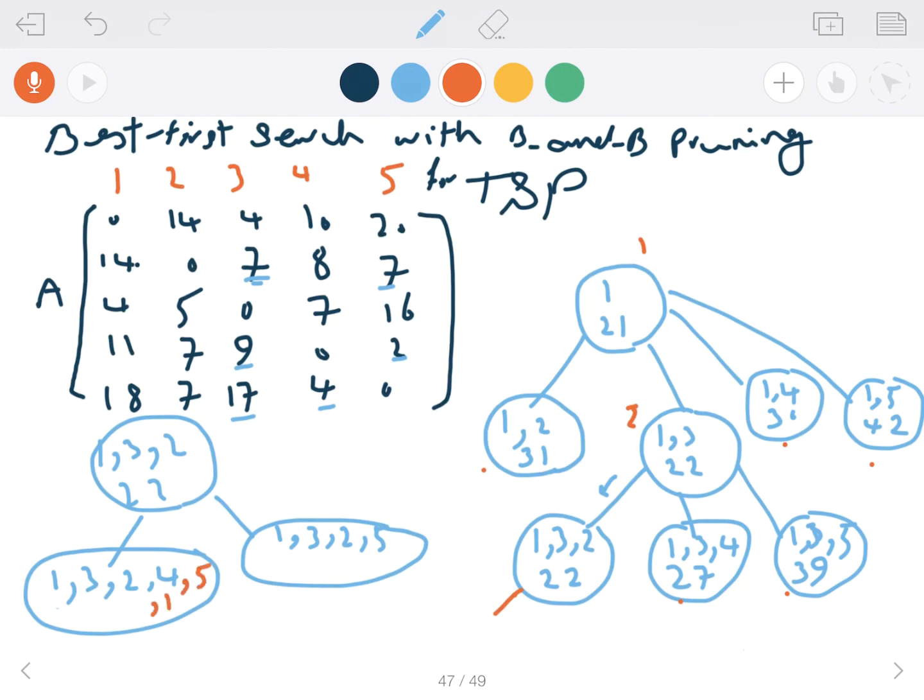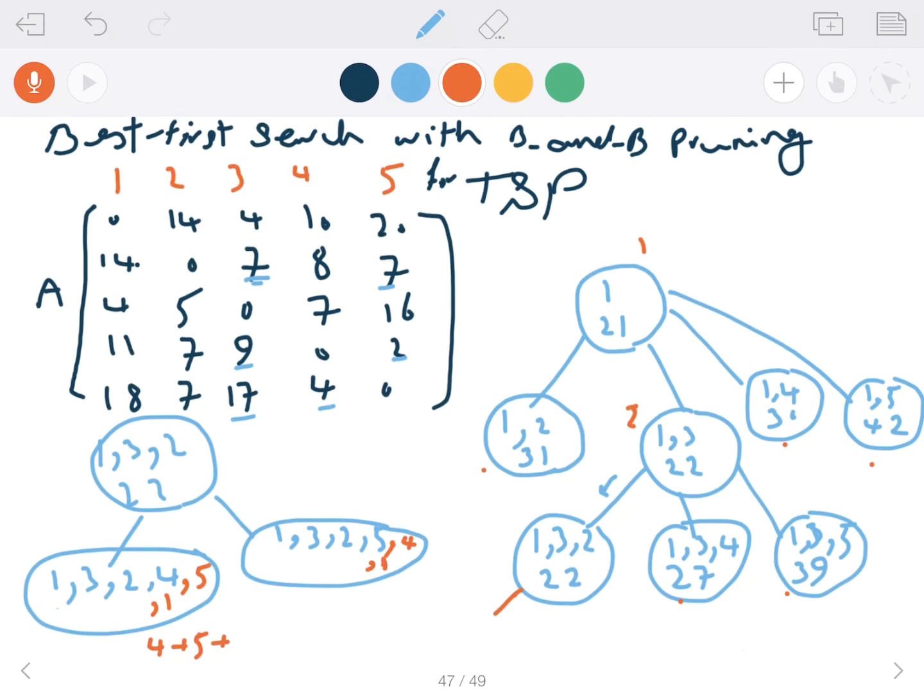Here also we have no option. After visiting node 1, 3, 2, 5, I have no other option except going to 4, then going back to node 1. So if we just sum the values: going from node 1 to 3, the cost is 4. From 3 to 2, the cost is 5.